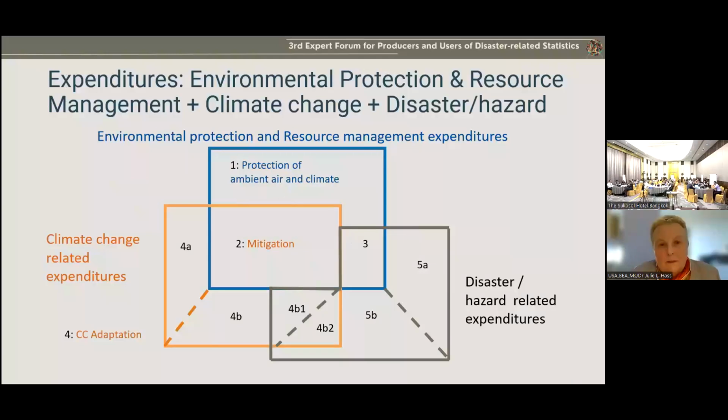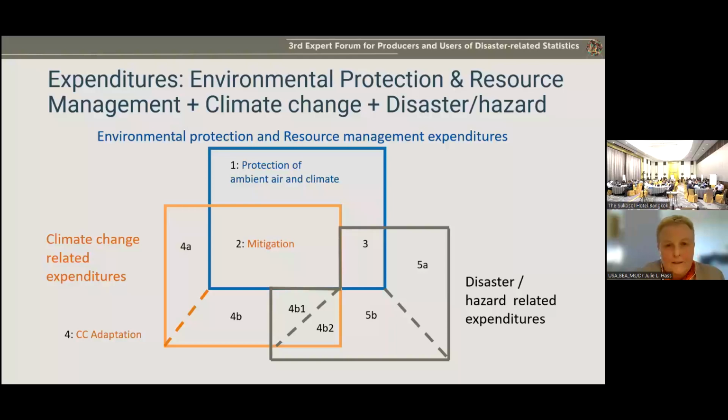So here, since I have done a lot of my statistical work with environmental protection expenditure and resource management expenditures, I wanted to just also show that the work that has been done with the SIA and those of us that have worked in this area for some time, they also overlap.